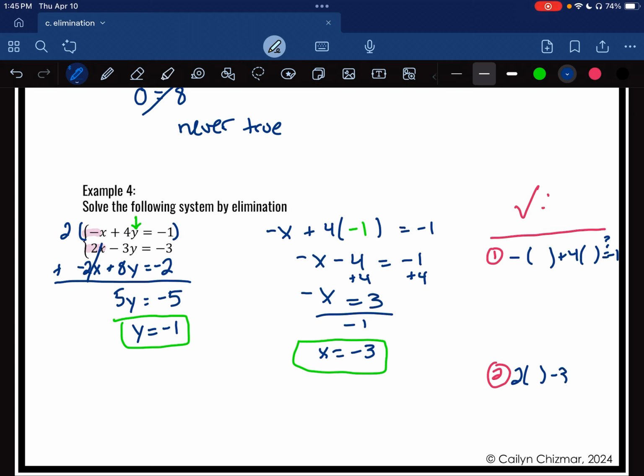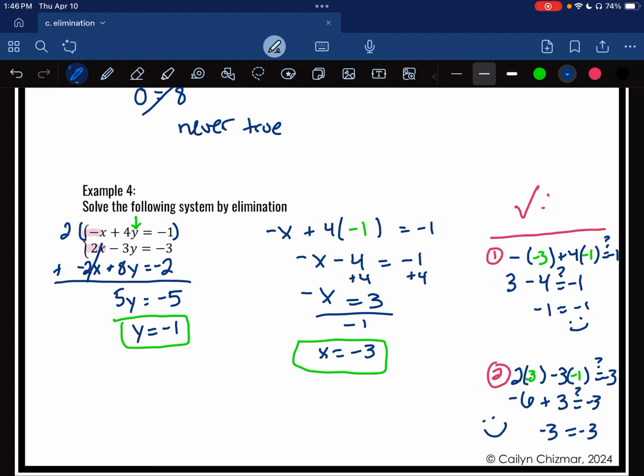Let's plug in those values for x and y. Negative 3, negative 1. Alright, so this becomes 3 minus 4. And that is going to be negative 1 equals negative 1, so it works for the top one. Over here, this will be negative 6 plus 3, which is going to be negative 3 equals negative 3, which means that one worked out too. Woohoo!